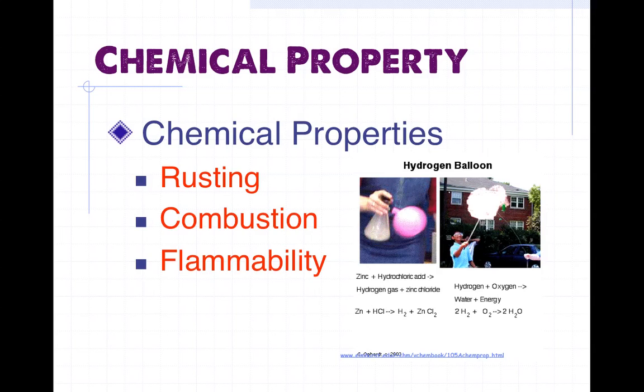Combustion and explosion are chemical reactions, and flammability is again just like combustion, which is burning. So any property or any ability of something to make a new substance is identified as a chemical property because it involves a chemical reaction.